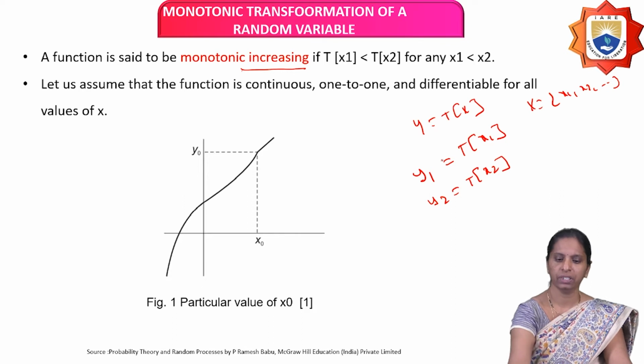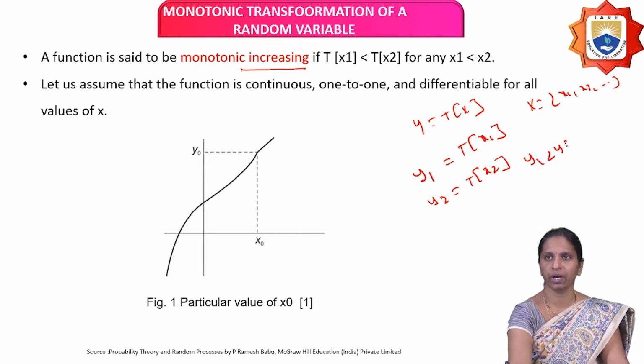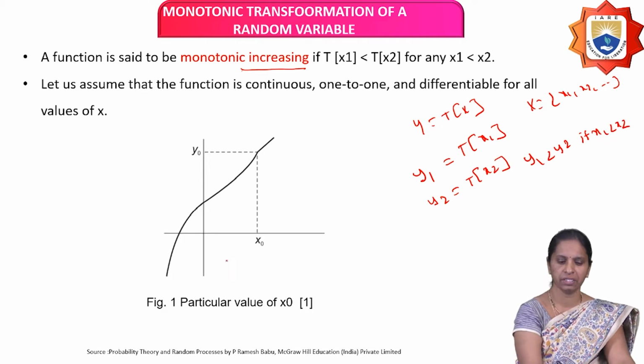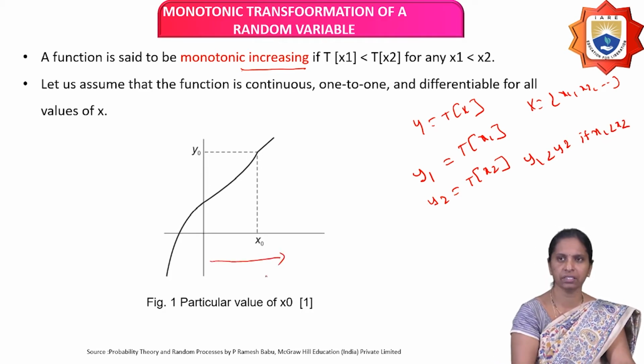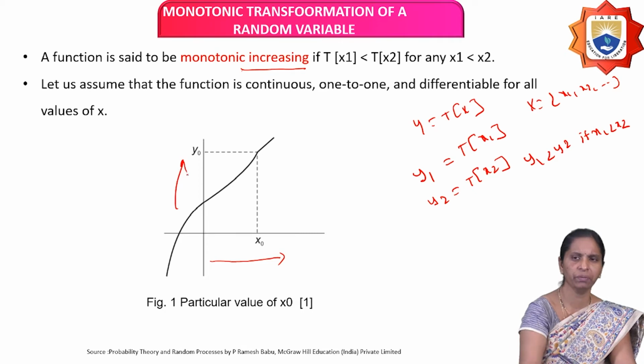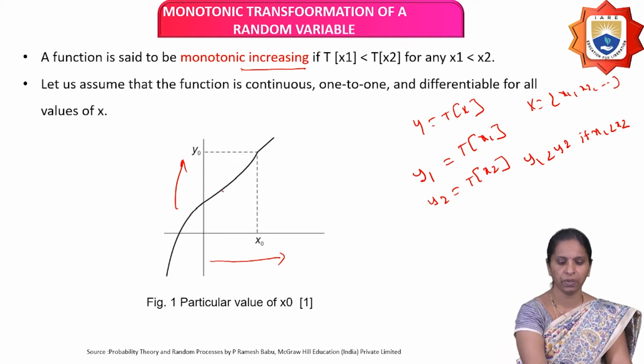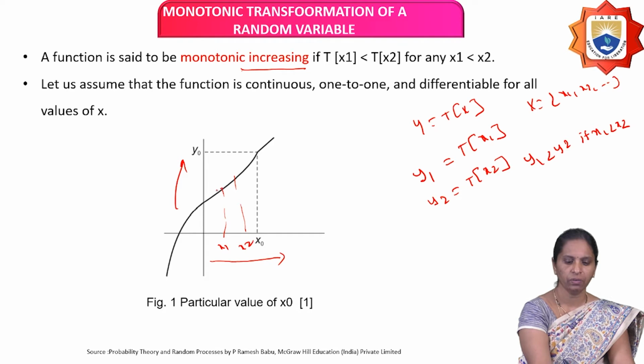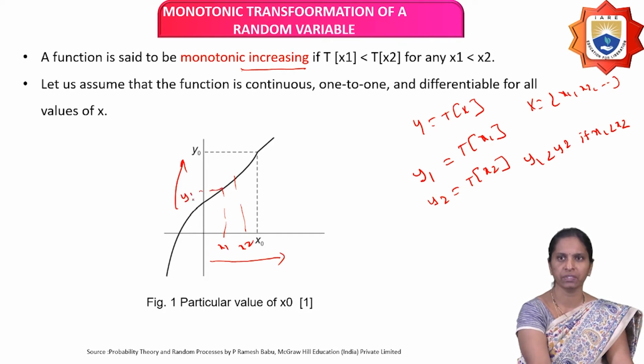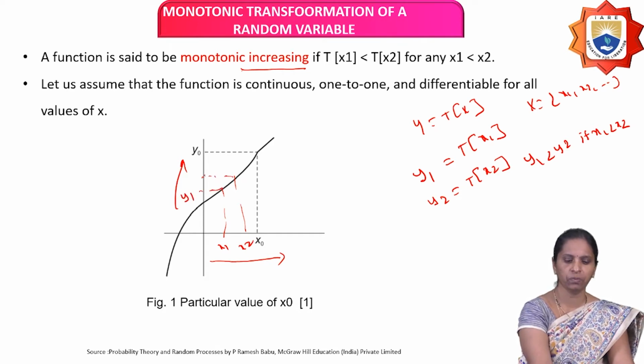So if y1 is less than y2 when x1 is less than x2, it means as the x value is increasing, the y value is also increasing. That's why it is called monotonically increasing. For example, take this x1 and this x2. The value corresponding to x1 is y1 and corresponding to x2 is y2.